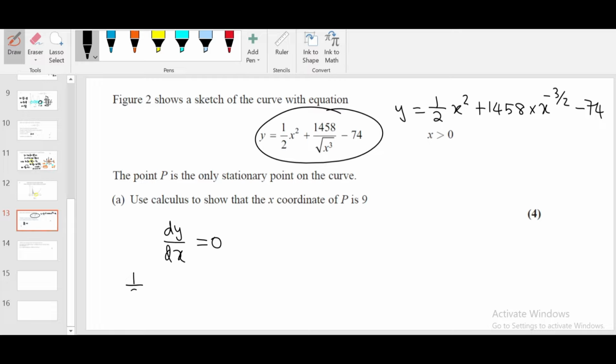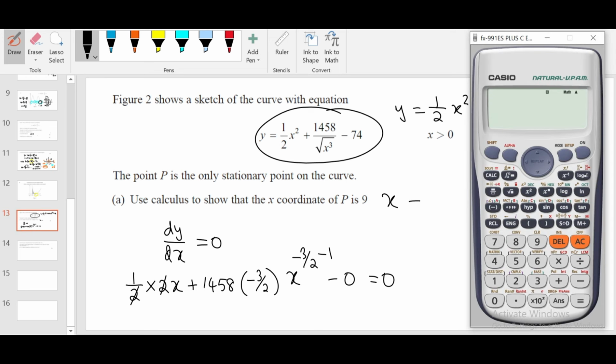You will get half times x squared becomes 2x, plus 1458 times minus 3 over 2 x power minus 3 over 2 minus 1. And then the 74 becomes 0, equal to 0. Make x the subject. So here you will get x and then minus 1458 times 3 over 2 is 2187.